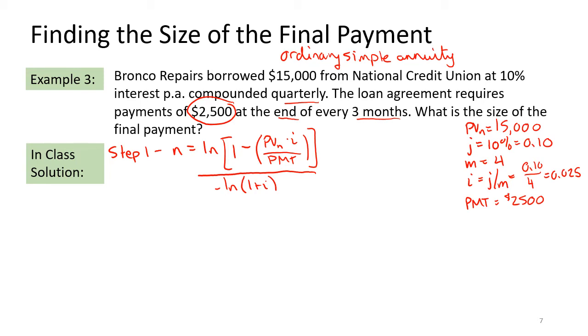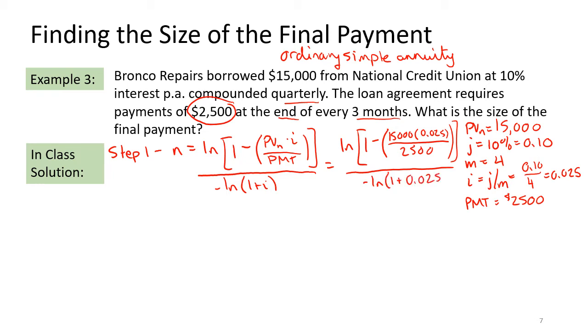So if we calculate n, all right, substitute all these values in, we get the ln of 1 minus 15,000 times our periodic interest rate, 0.025, divided by our payments, 2,500, and that's divided by the negative ln of 1 plus the periodic interest rate, 0.025.